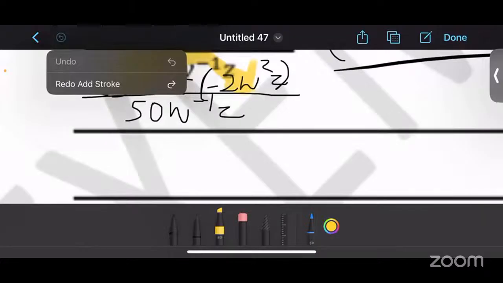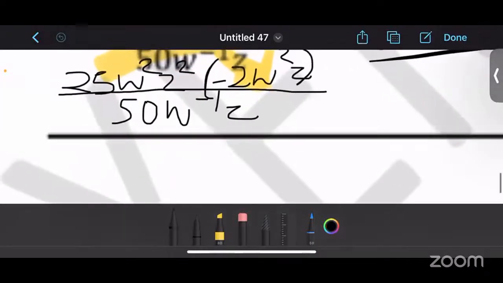Okay, and then we're going to have 25 multiplied by -2. We're going to have negative 20. Sorry, -50. And then we're going to multiply W squared with W squared, which is going to be W to the power of 4, because W squared multiplied by W squared is the same as W to the power of 2 plus 2, which is the same as W to the power of 4 that you are seeing over here.